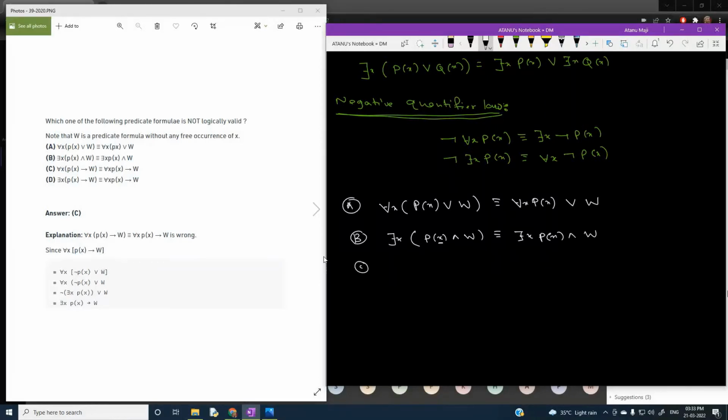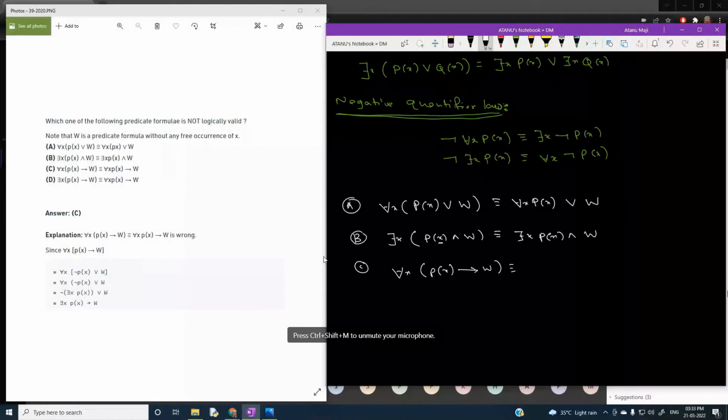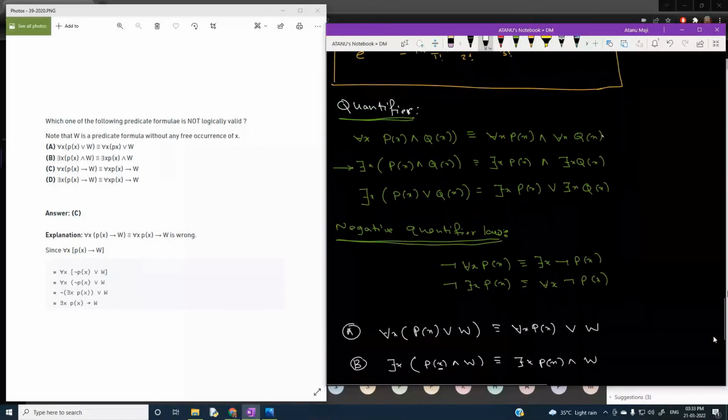Number C, if I take this expression for all x, px implies w. But whatever formulas we have written here, you can see there is no conditional symbol over there. Either we have taken negation, or conjunction or disjunction. So as I told you, three basic operators are these three: conjunction, disjunction, negation.